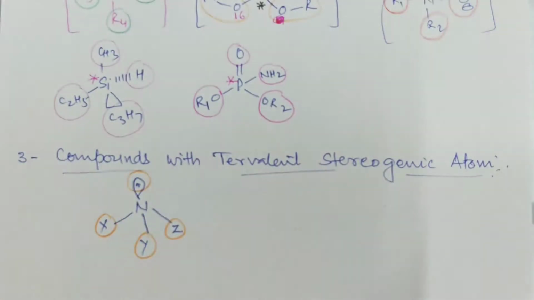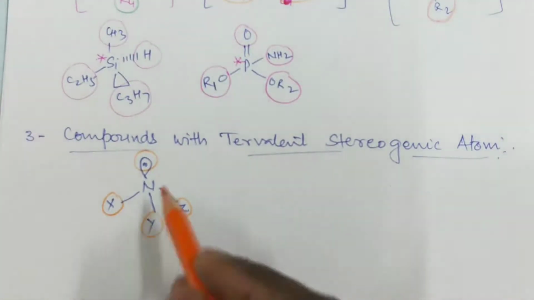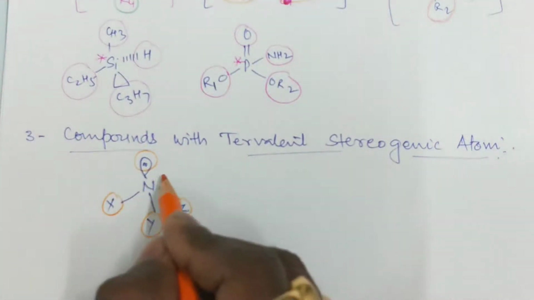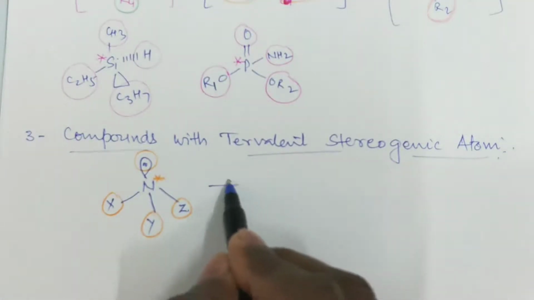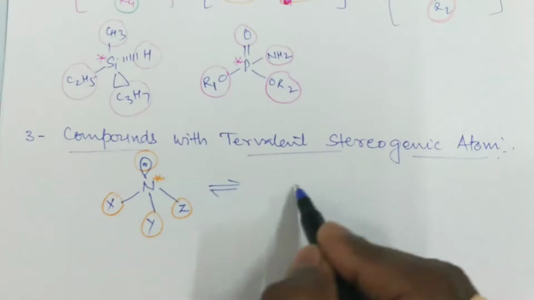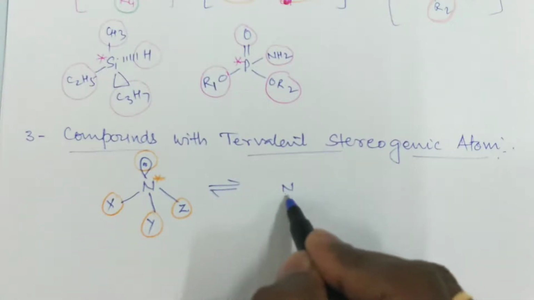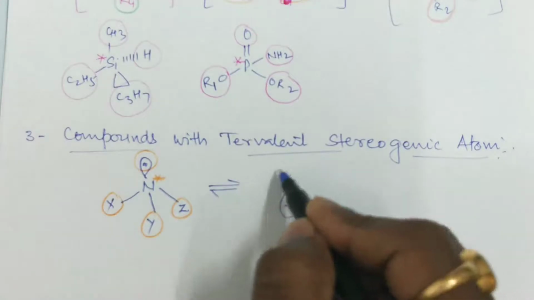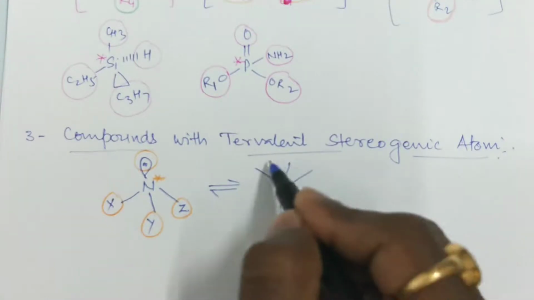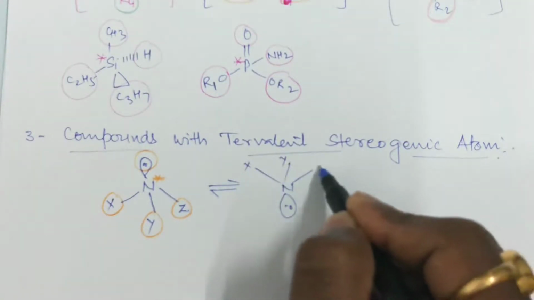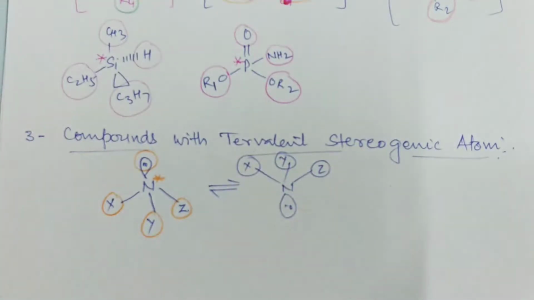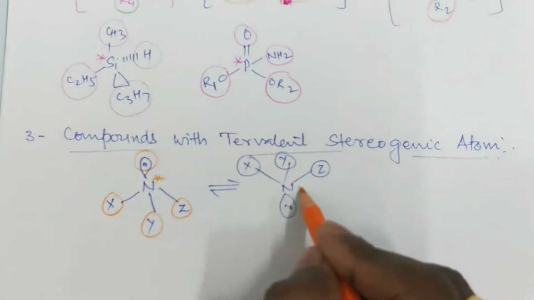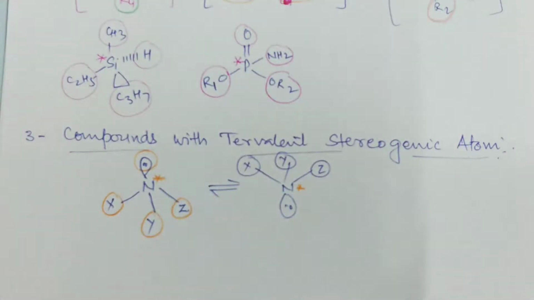So it is equivalent to tetravalent carbon, but the actual valence is 3 here. So this nitrogen is also stereogenic. But there is one problem with this type of compound, that they are always in a flipping mode, X, Y, and Z. So what could be the result of this flipping?